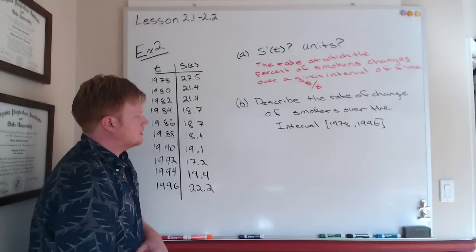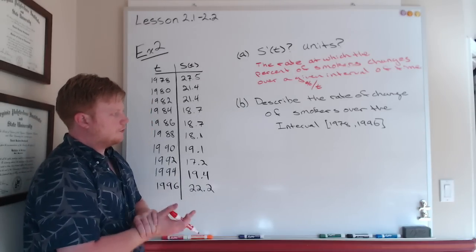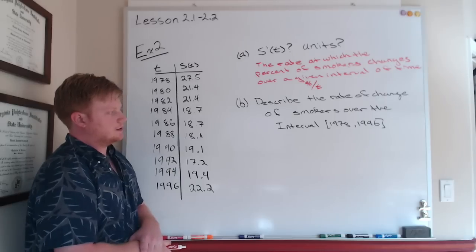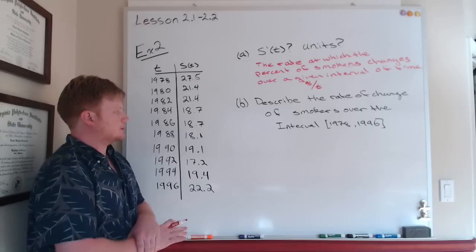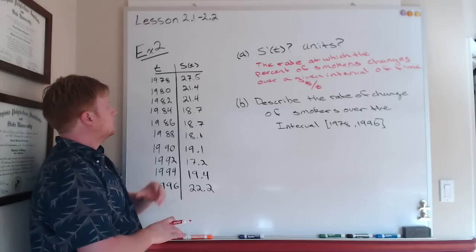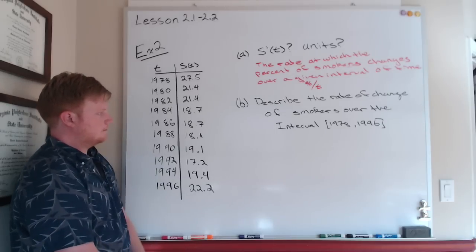So the next question says, describe the rate of change of smokers over the interval from 1978 to 1996. In other words, how has the percentage of smokers changed from the beginning of this data set to the end of this data set?